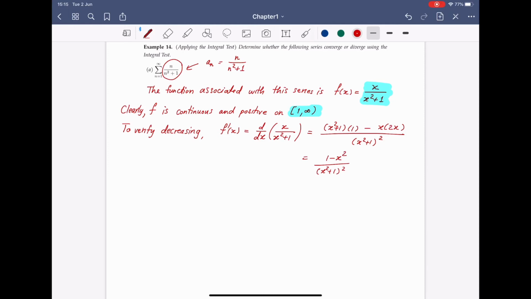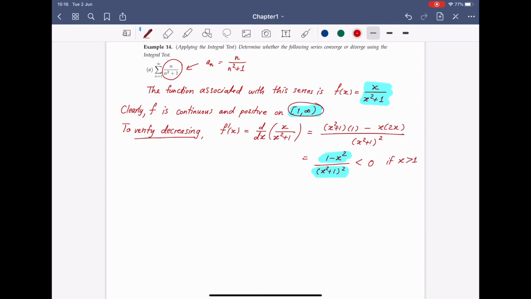To conclude that this is decreasing, I have to make sure this is less than 0. On the denominator, this is always positive. On the top, this is always less than 0 because you focus on the interval where x is bigger than 1.